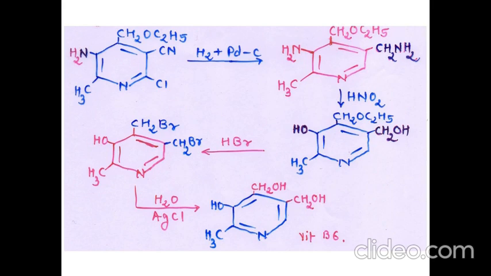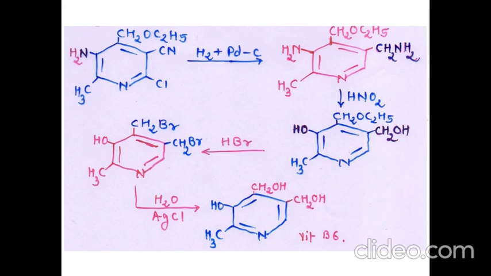Now here it is HNO2, not nitric acid. We know that NH2 will get converted into the respective OH. Not only that, the CH2NH2 will also get converted into OH when you allow it to react with nitrous acid under controlled conditions. Further, when you treat with HBr, CH2OC2H5 will be converted into CH2Br.